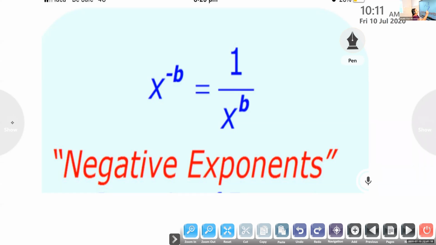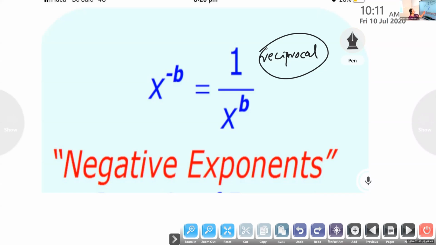When we take the reciprocal, the sign of the exponent changes, and the negative will go to positive.